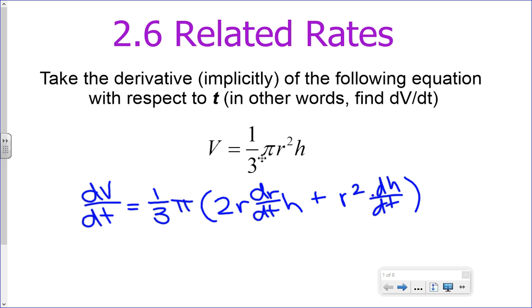On the board, we're taking the derivative with respect to t. I don't see any t's in this equation, right? So anytime we take a derivative, we have to multiply by the chain rule: dV/dt, dr/dt, dh/dt, whatever it may be.